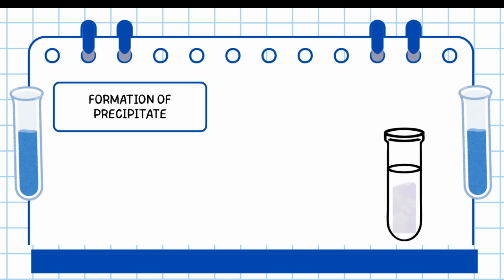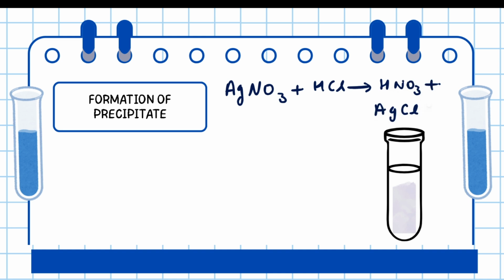Okay. Lastly, we have the formation of precipitate. Now, there are certain chemical reactions which are characterized by the formation of some sort of insoluble precipitate. We have the example of silver nitrate reacting with the acid HCl. Here it results in the formation of nitric acid and a white precipitate of silver chloride is formed.